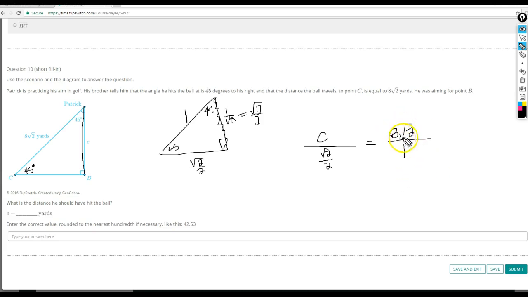Now 8 square root of 2 divided by 1 is 8 square roots of 2. So this is just a number. Since I'm solving for C, and it's being divided by the square root of 2 halves, I'm going to use the multiplication property of equality and multiply by the square root of 2 halves to both sides.